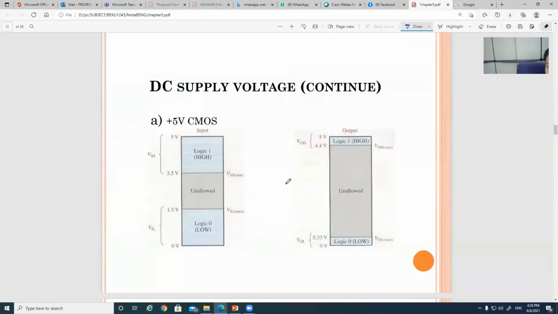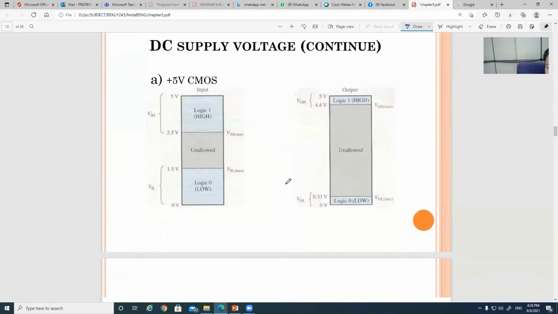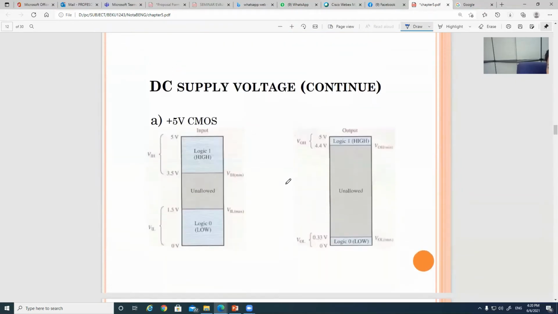For example, for CMOS we have mentioned a range of DC supply: 5 volts, 3.3 volts, 2.5 volts, while for the TTL we have a fixed 5 volts. Here is a CMOS 5 volt.